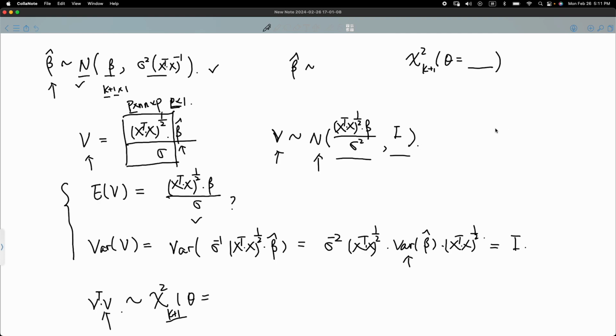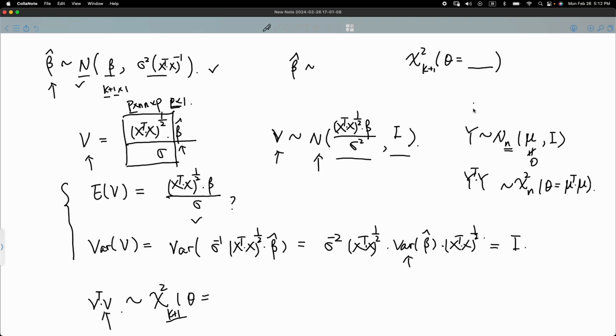Maybe I can write a brief note here. For a random variable y that follows a normal distribution of dimension n with a particular mean vector mu, which is not going to be 0, so we are not centering around 0, and with identity covariance matrix, then y transpose y will follow a chi-square distribution with n degrees of freedom and with the non-centrality parameter mu transpose mu.